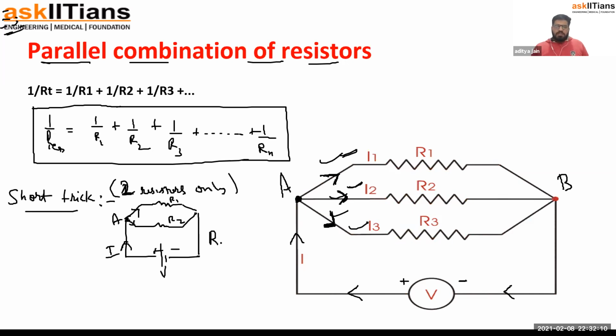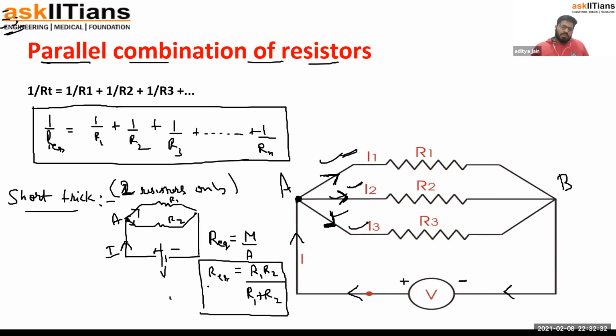So for two resistors, I can directly write the equivalent resistance as multiplication over addition. Multiplication means the multiplication of the two resistors you want the equivalent of, divided by the addition, that means R1 plus R2. So without writing the reciprocal equation for the two resistors, we can directly use this relation as a short trick.